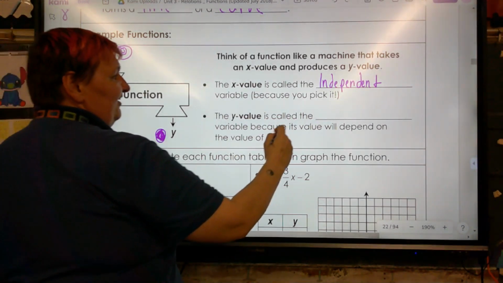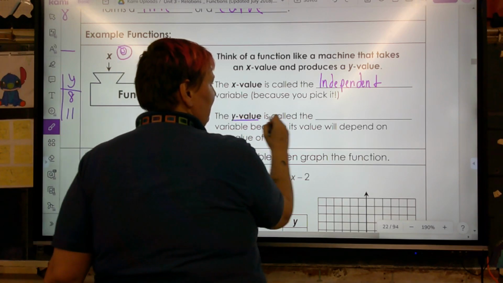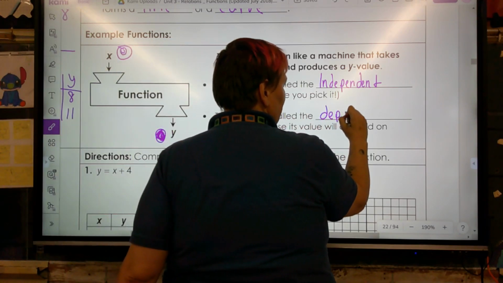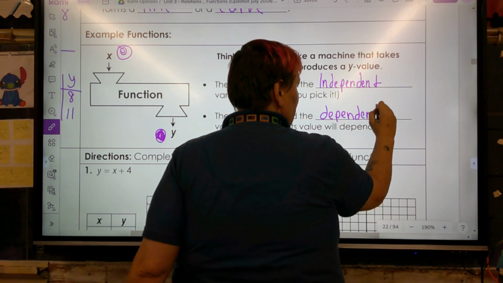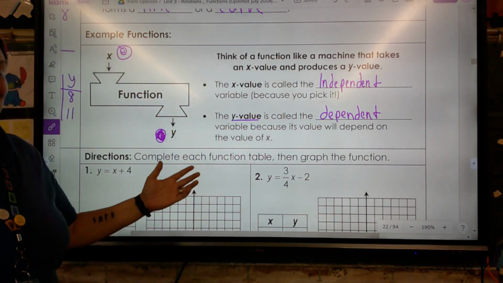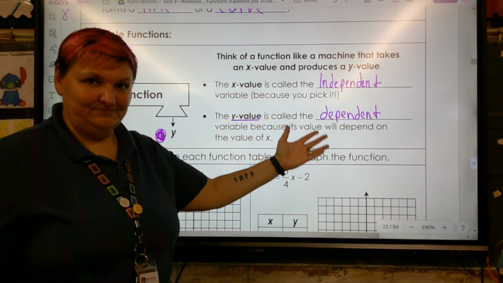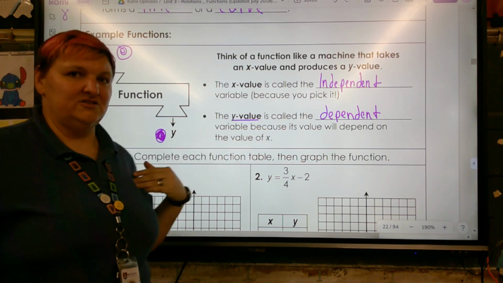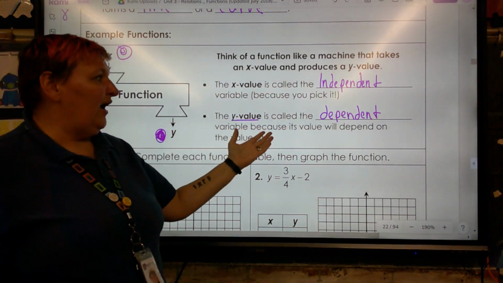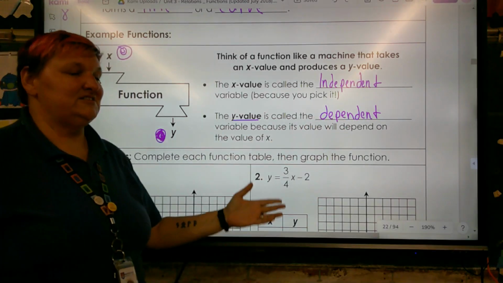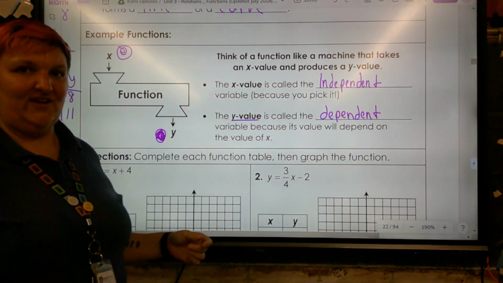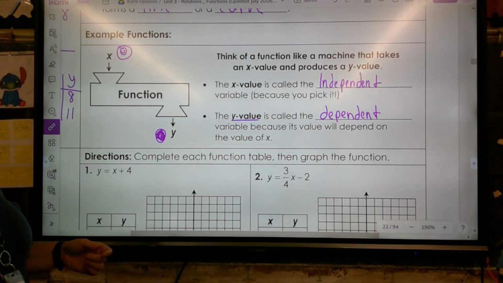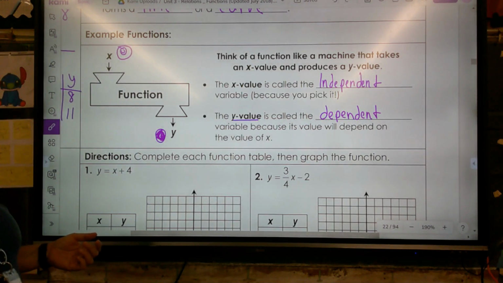The y value is called the dependent variable because it depends on what you put in. The x value is independent because it's what you choose. And the y value is dependent because it depends on the x value. Make sense?